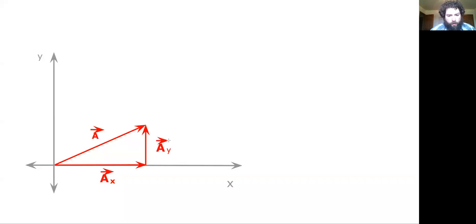You can see that they each have a direction and a magnitude, specifically along the axis. So the subscript x is always going to be along the x-axis, and the subscript y is always going to be along the y-axis.